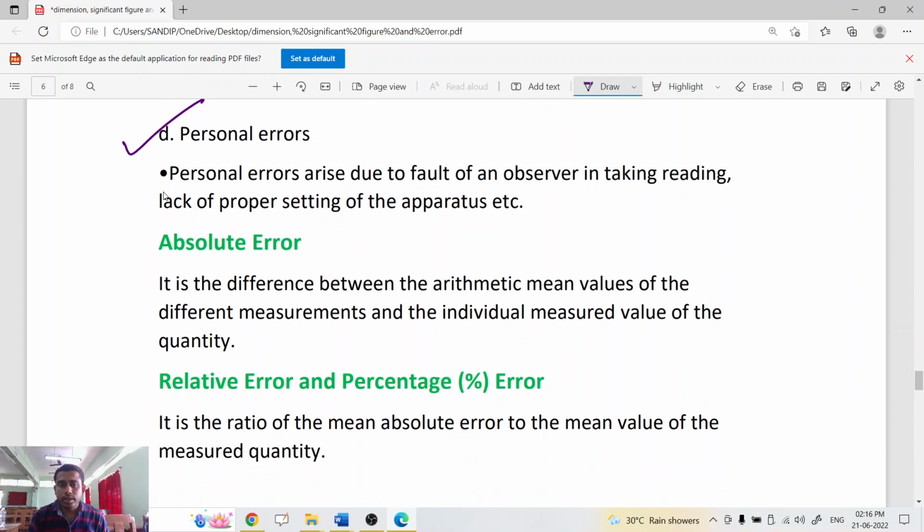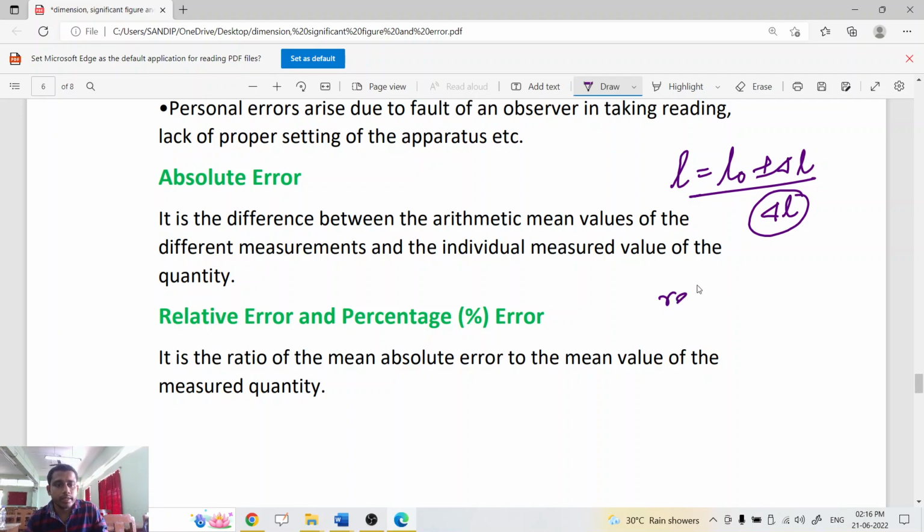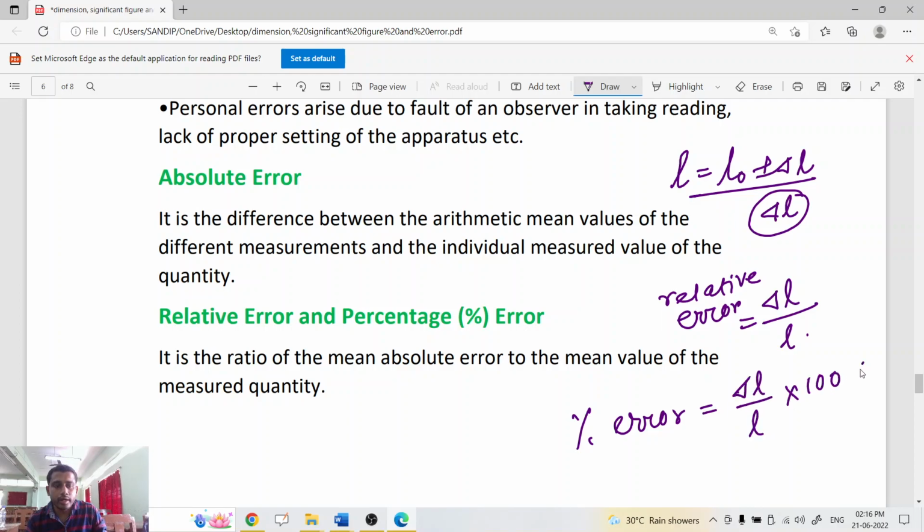Okay, here you see absolute error. Suppose length is expressed as L0 plus minus del L, then del L is the absolute error. And also you can take relative error, that means relative error is absolute error upon original value, and percentage error is relative error into 100%.